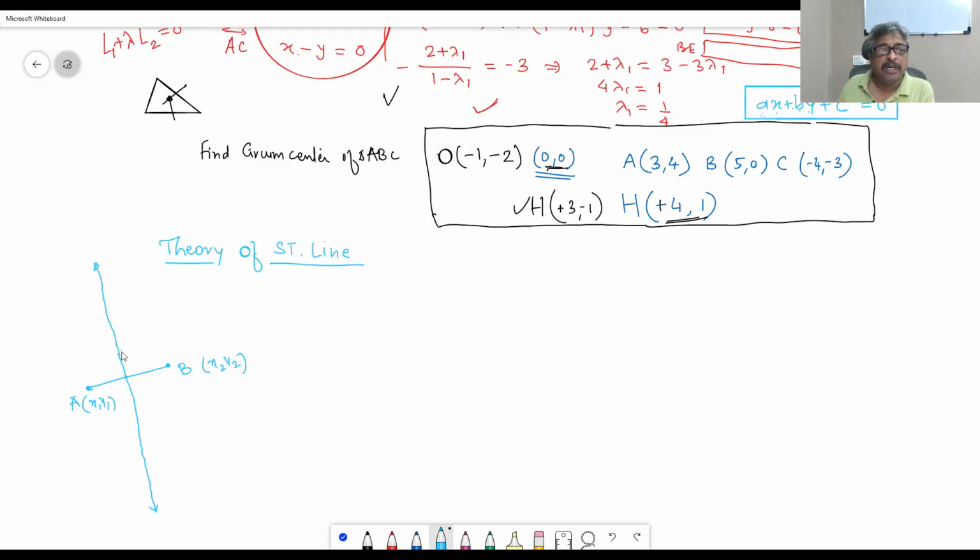I am familiar with the geometry of this locus, but I don't know what the equation of the straight line is, how it looks. But I know how to solve a locus problem. Therefore, I consider any point P, x dash, y dash on the locus, and the geometric condition is PA is equal to PB. I use that geometric condition and try to develop the algebraic expression for the perpendicular bisector, which happens to be the straight line.